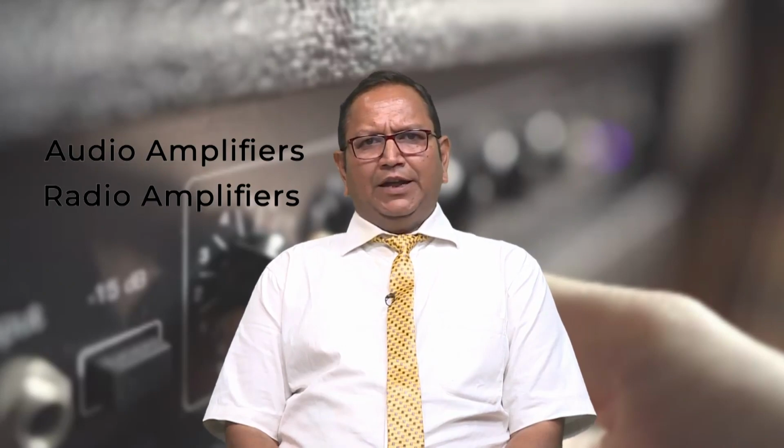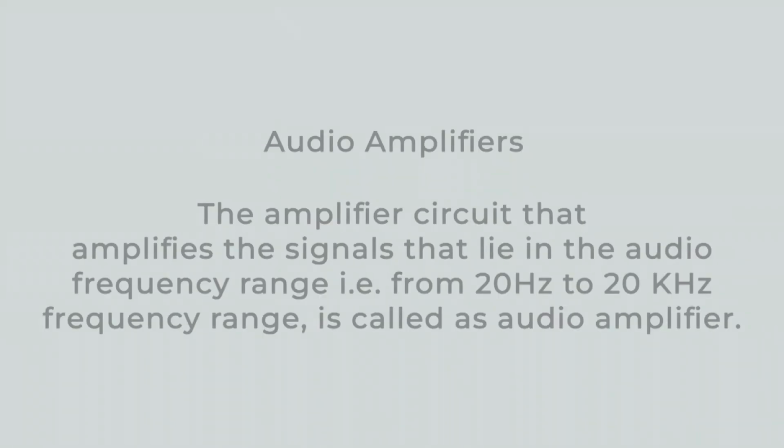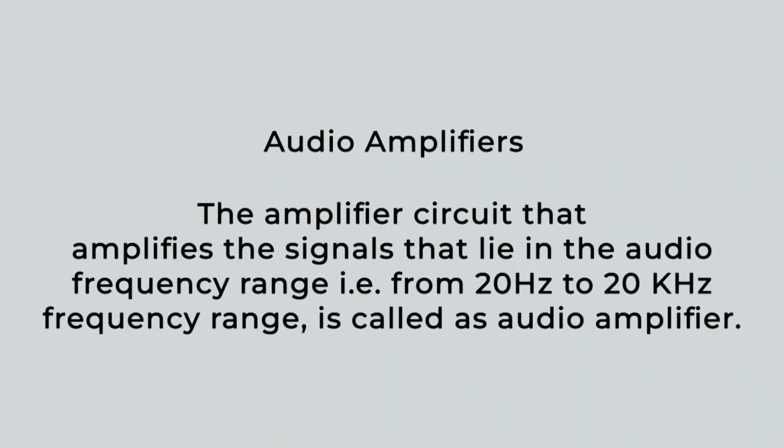Now, next one is amplifier classification based on the frequency range. Depending upon the frequency range of the signal being used, they are audio and radio amplifiers. The audio amplifier is the amplifier circuit that amplifies signals that lie in the audio frequency range, that is from 20 hertz to 20 kilohertz.